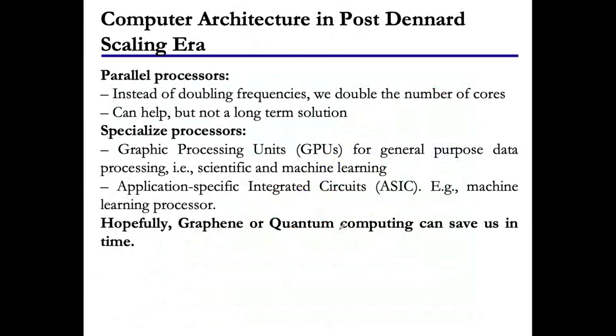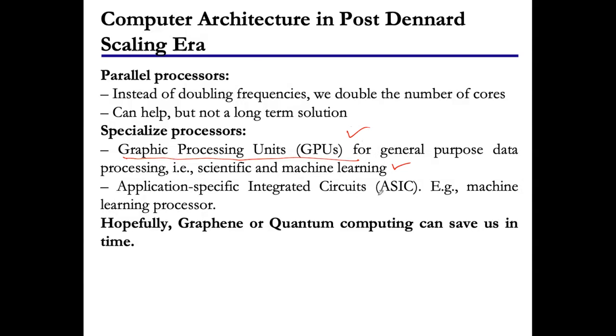Okay, so in computer architecture, after the Dennard scaling era, parallel processors came into the market. So instead of doubling the frequency, we doubled the number of cores, which can help, but it is no long-term solution. Then specialized processors came into the picture. One very important and famous one is the graphics processing unit, GPU, for general purpose data processing; these processors are used for scientific and machine learning purposes.